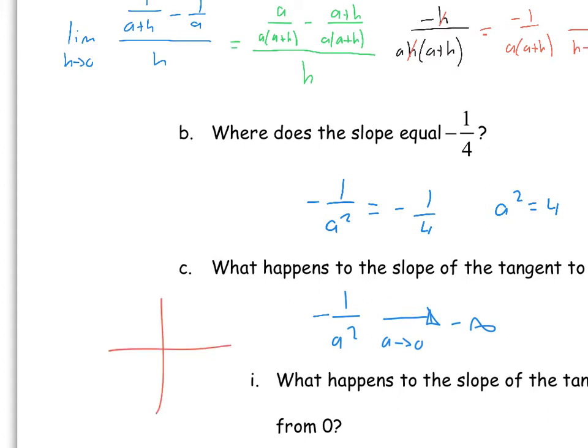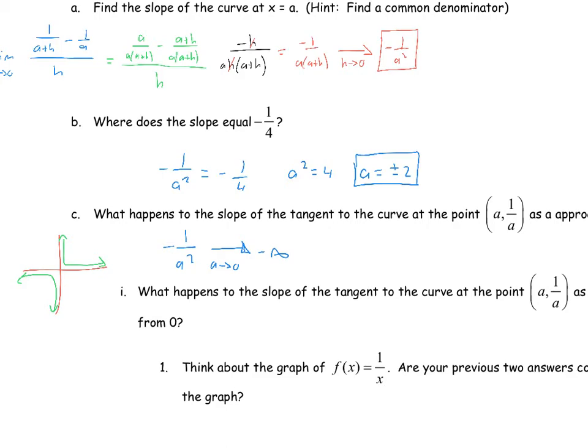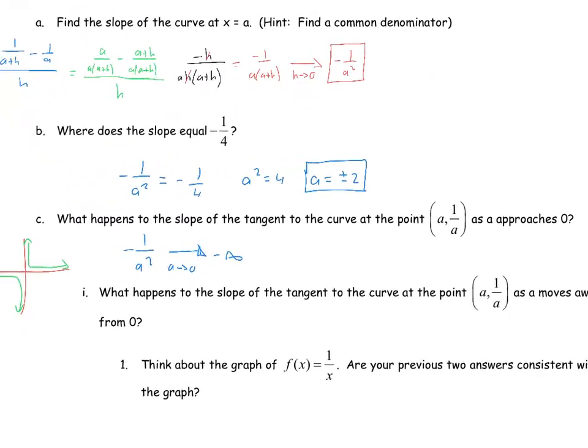And if you think of what the graph of 1 over x looks like, that should make sense to you. As we approach 0, what happens to the slope of this curve? Like right here, that's a negative slope and it's really steep. This is also a negative slope that's really steep. And so it's consistent with things you already know about the graph. What happens to the slope of the tangent as a moves away from 0?